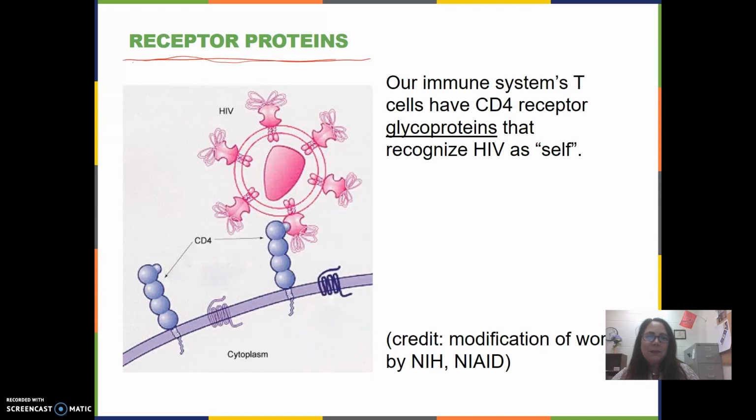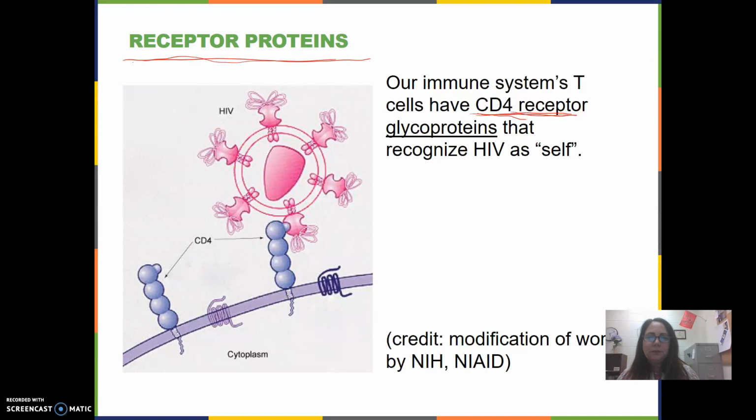Our immune system's T cells help to destroy specific viruses or bacteria or pathogens. So our immune system has these T cells that have receptors called CD4 receptors. And they are glycoproteins, and they recognize the HIV, which is human immunodeficiency virus. They recognize that virus as self.